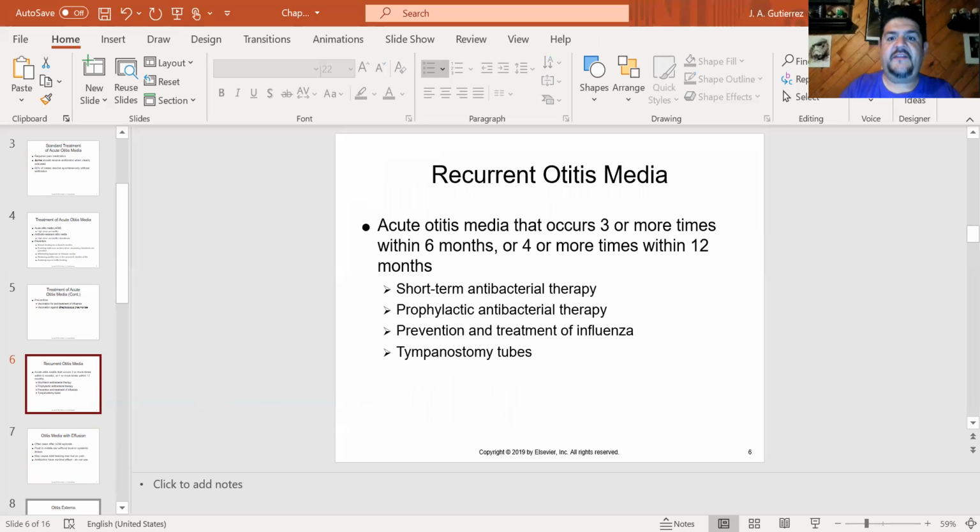If the patient has recurrent otitis media, that means they have 2 or more infections within 6 months or more than 4 infections within 12 months, then we need to provide antibiotic therapy. Same thing, 7 to 10 days. And prophylactic. Prophylactic means to prevent.